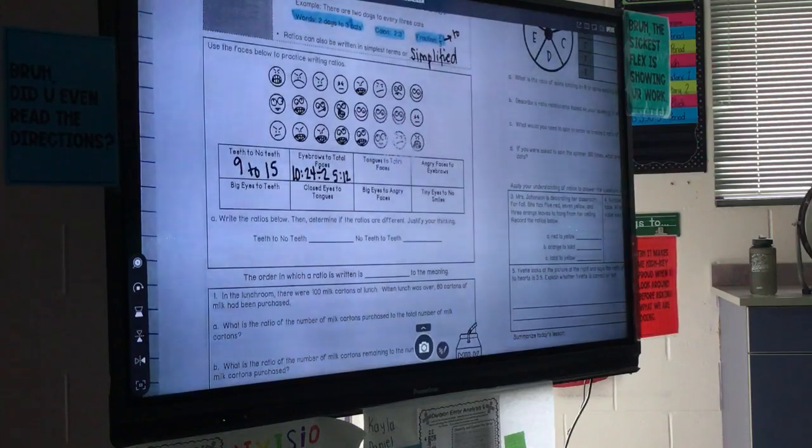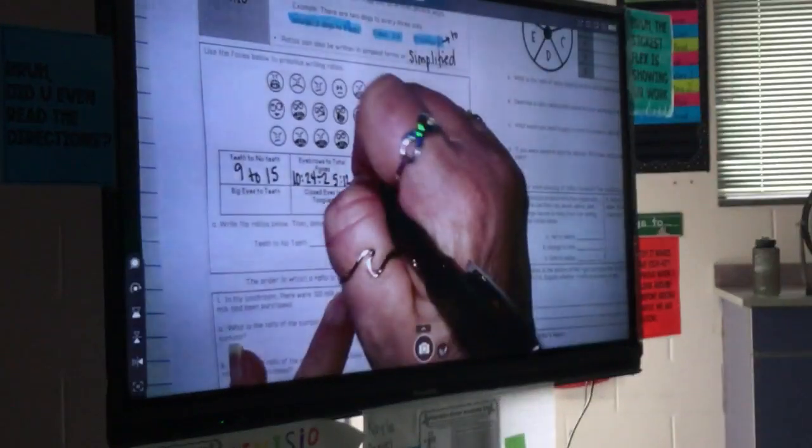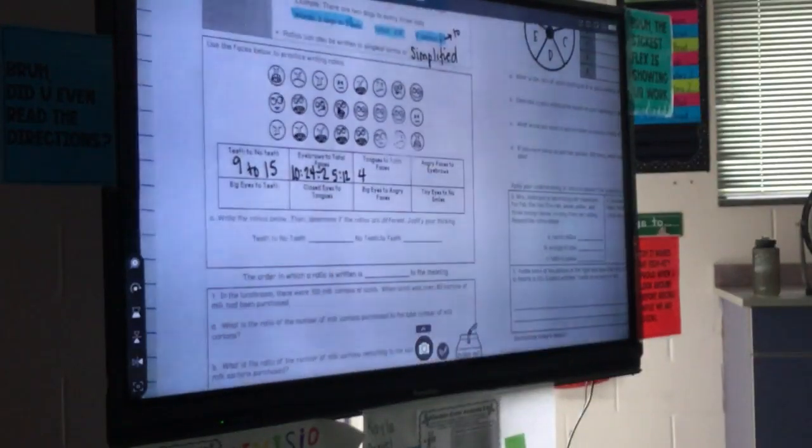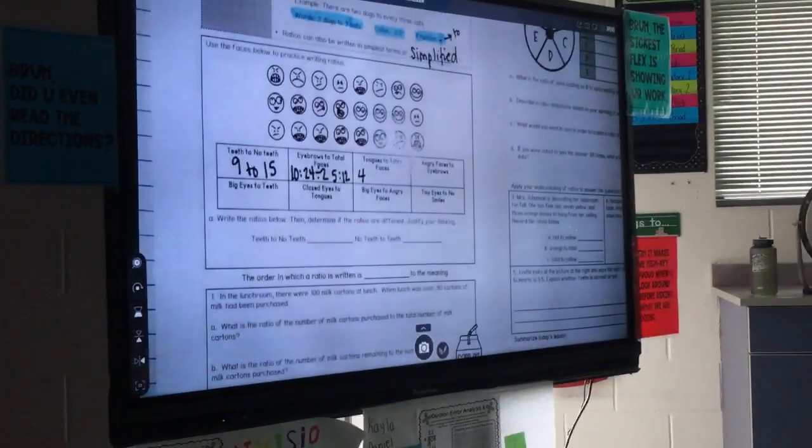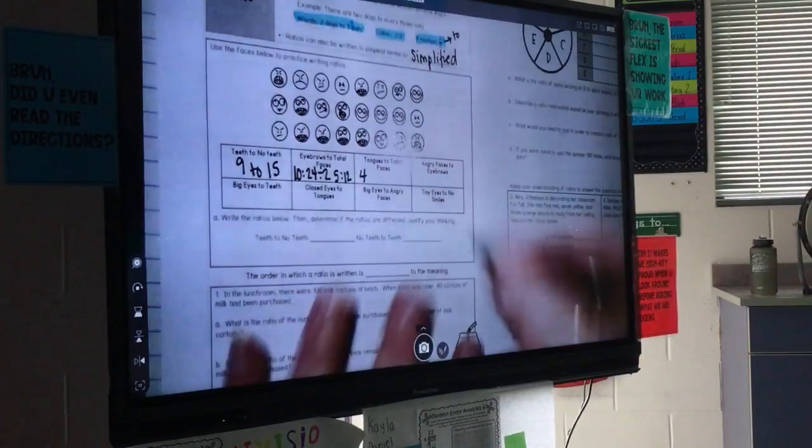All right, so now we're going to find the number of tongues. So how many of them have tongues that are sticking out? Jacob? 4. All right, how many total faces do we have? Should this number change from the last time we counted total faces? No, so it should be the same.